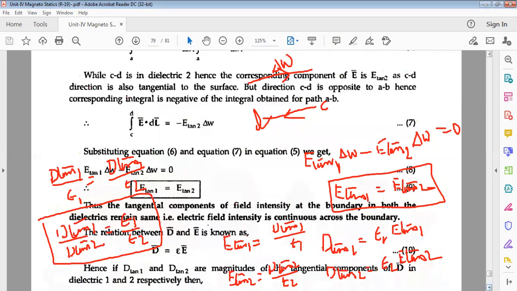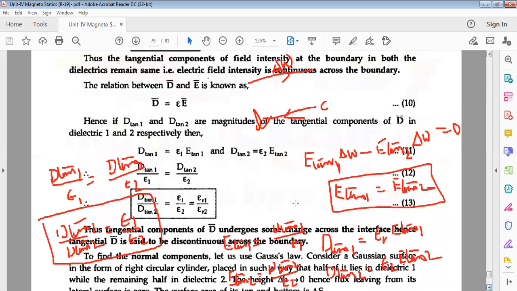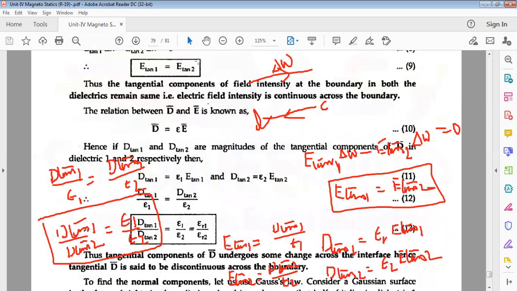So see here, E tan 1 is equal to E tan 2. Thus, the tangential components of the field intensity at a boundary in both the dielectrics remain the same. That is, electric field intensity is continuous across the boundary. Remember this, my dear students.